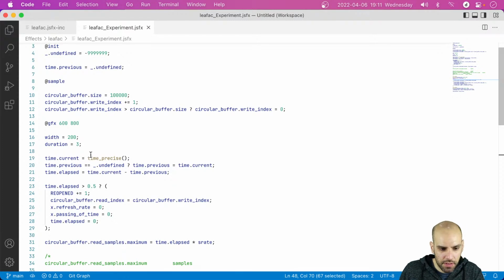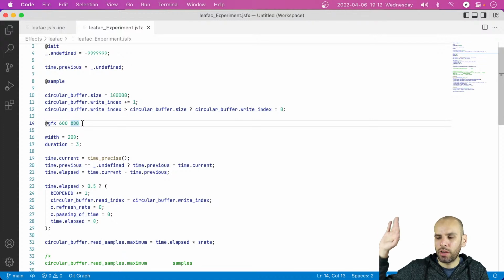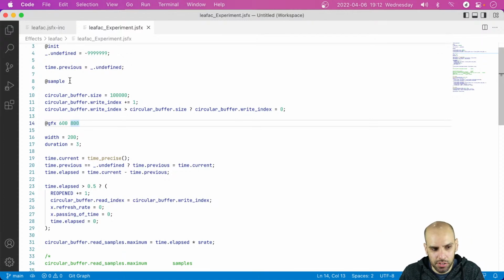I was thinking of just having a variable called like is running in the GFX block and read this variable from here, but it's not that simple because the GFX block will stop running, so it won't have a chance of saying, oh yeah, I stopped running, so I will change that variable over there for the sample block to see.